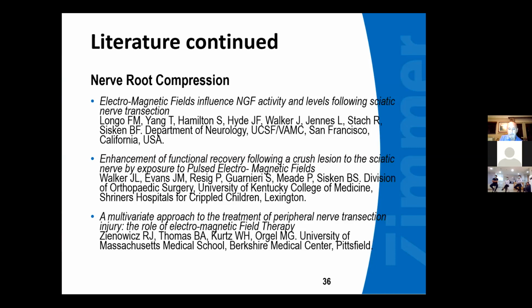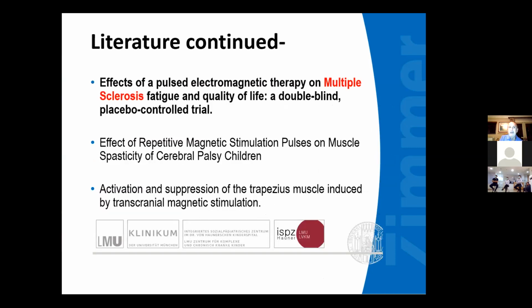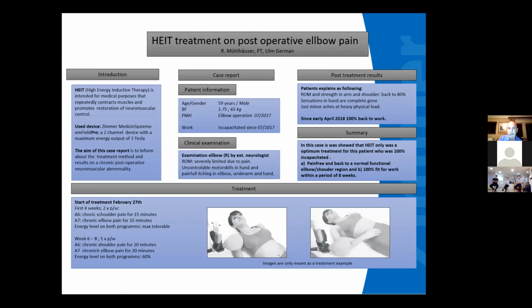Plenty of literature to support. And currently going on, a study on multiple sclerosis and cerebral palsy. So these are some neurological studies that are actually occurring right now using high energy inductive therapy.